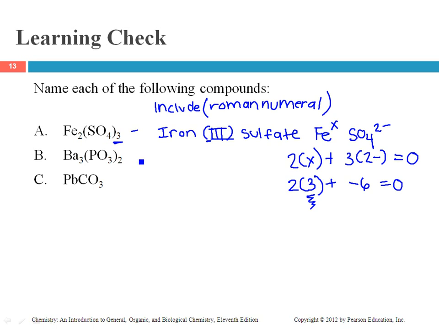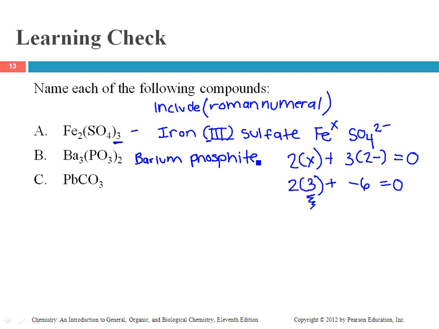So we can write out barium, and we find PO3 on our polyatomic ion chart, and that looks like it would be phosphite. And so we do not have to include a Roman numeral. I may have tricked you there for a second, but it is representative, so no Roman numeral, just write the name and end with the polyatomic ion as it is on the chart.